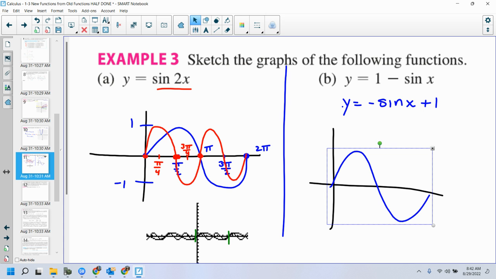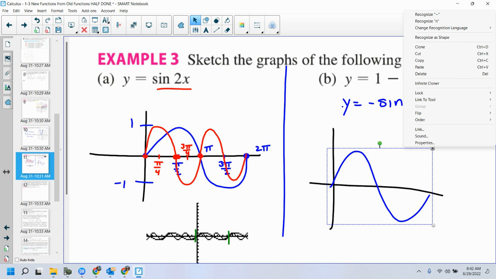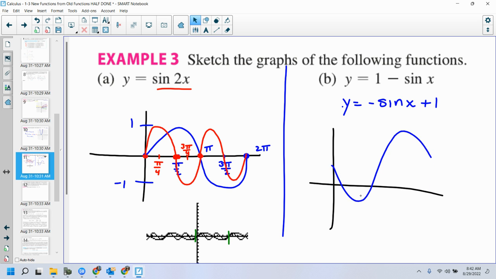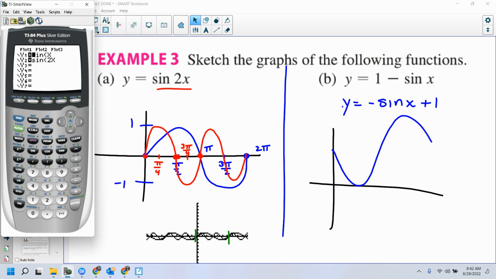Watch this. This is smartboard magic here. Flip vertically. Flip up and down. Hey. And now up 1. That's what it should look like. Let's check to make sure. I'm going to go in and I'm going to say, okay, there's sine x. Let's do 1 minus sine x.